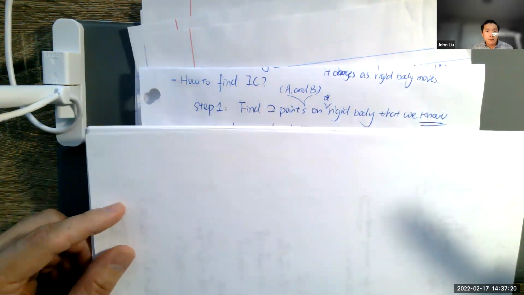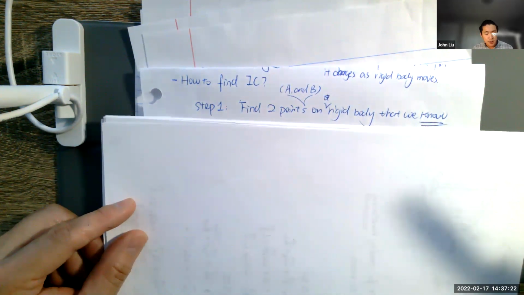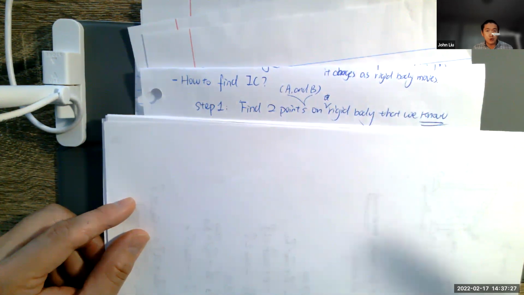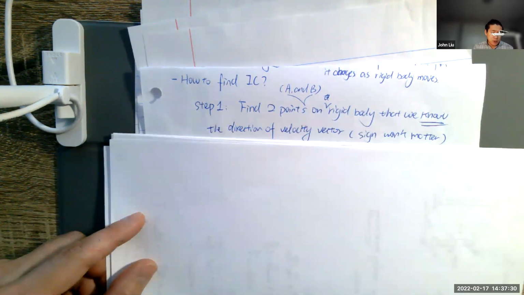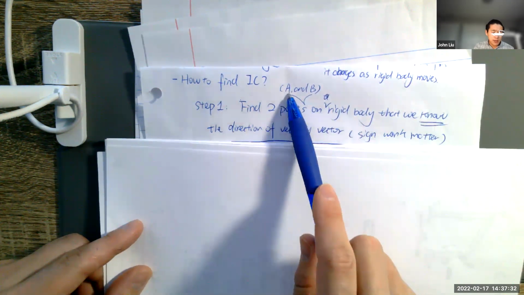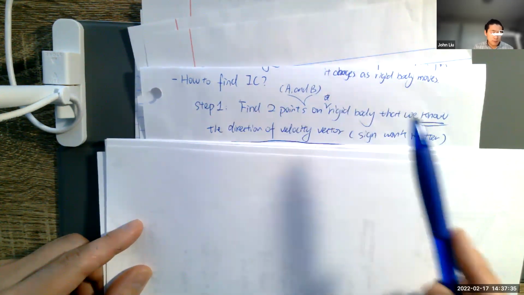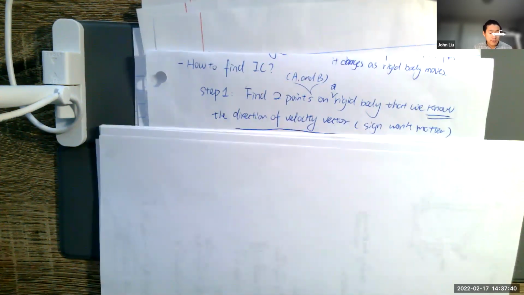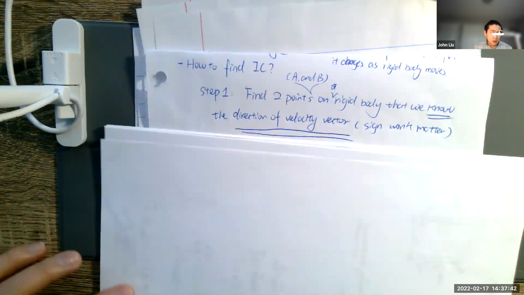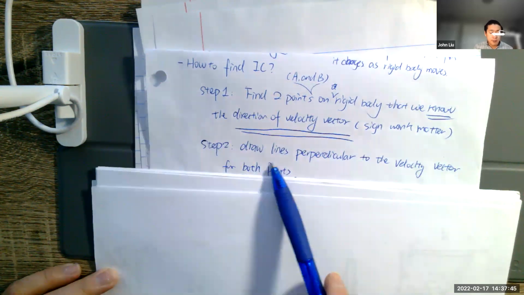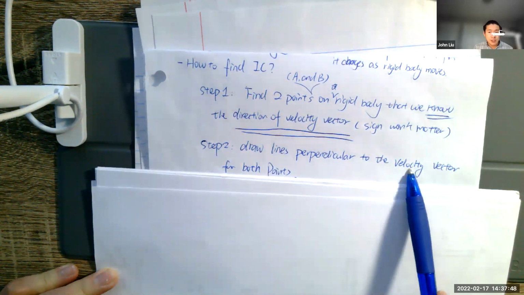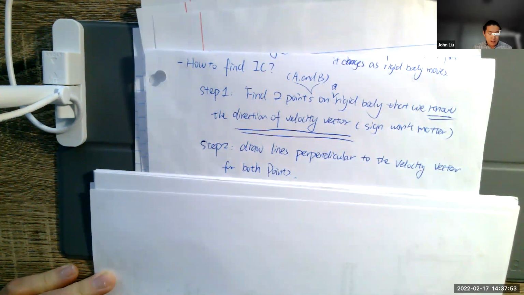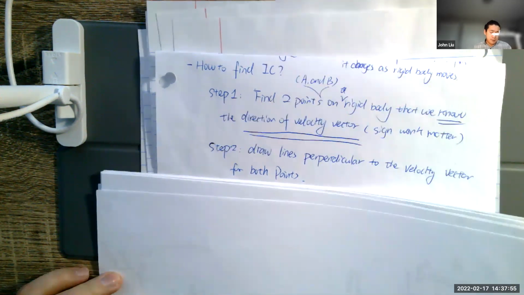But those two points A and B are not just random points. You need to pick two points that you are pretty sure about the direction of motion. So you must know the direction of motion at point A and the direction of motion at point B. Then, once you have these two points, you need to draw lines that are perpendicular to the velocity vector at both point A and point B. That's what we did here.